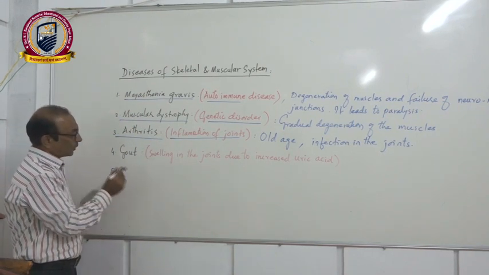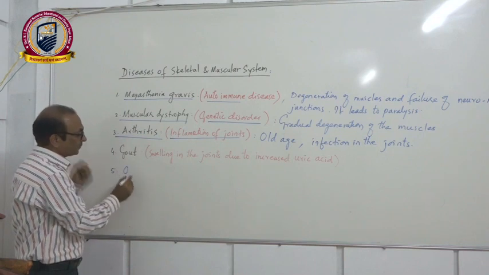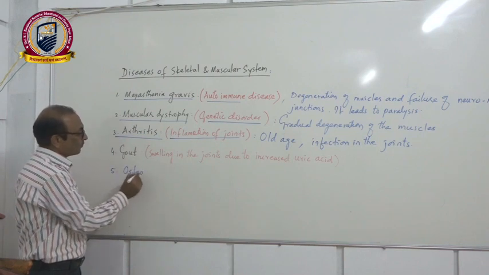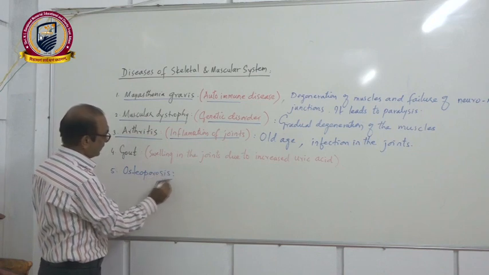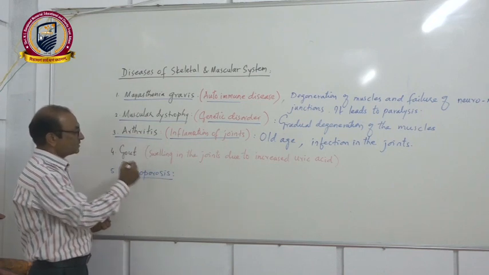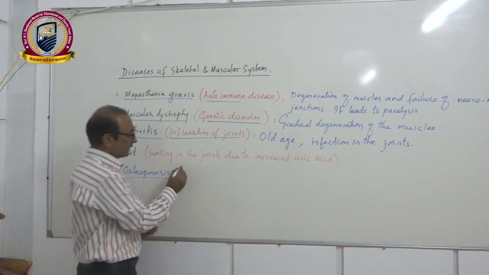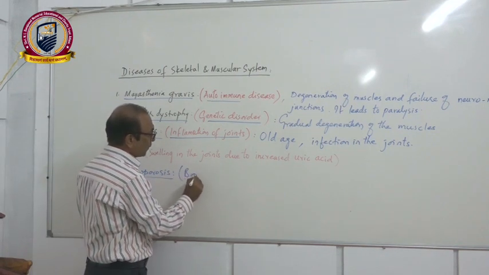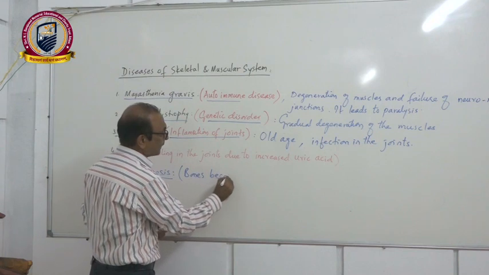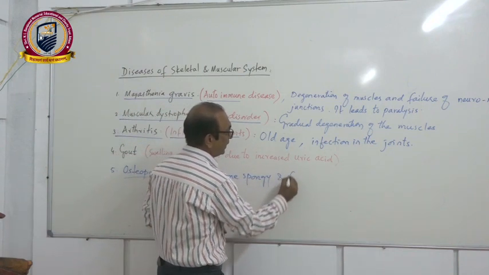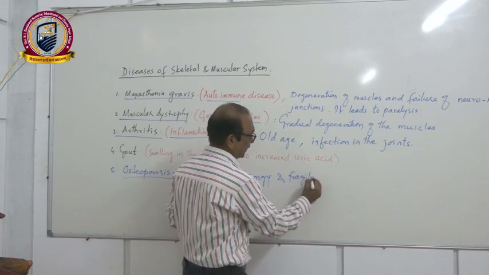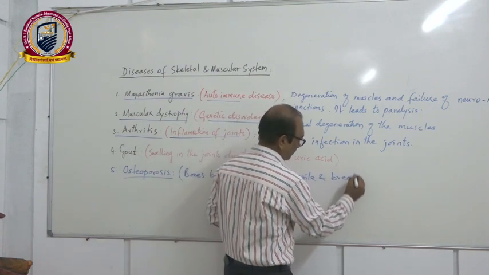And one more is there related to that. Osteoporosis. Let's take it up before this one. Osteoporosis, that is, the bones become spongy and fragile and break easily.